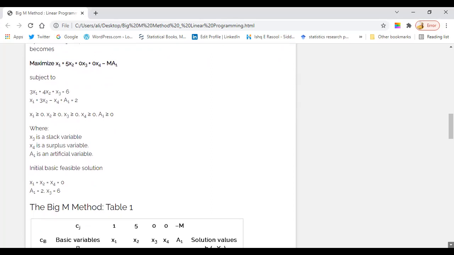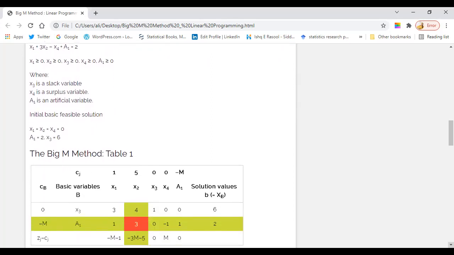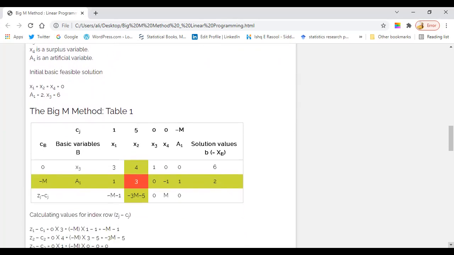For the initial basic feasible solution, we put all the other variables equal to 0, and A1 is equal to 2 and x3 is equal to 6. So here is the table, big M method, table 1. CB is the cost: 0 and minus M for x3 and A1.